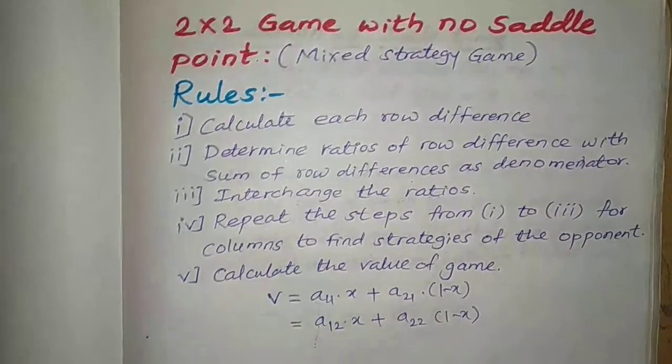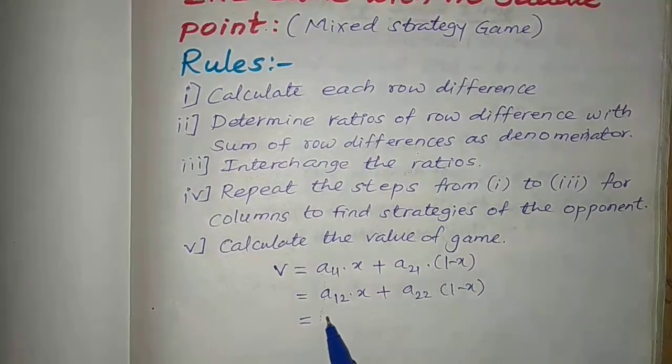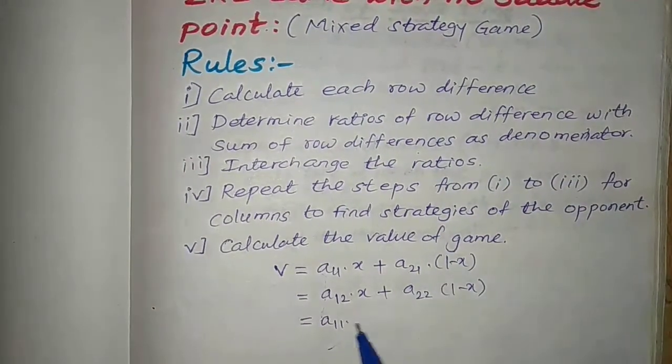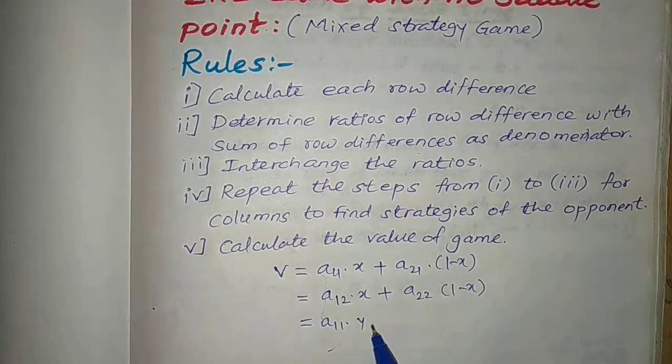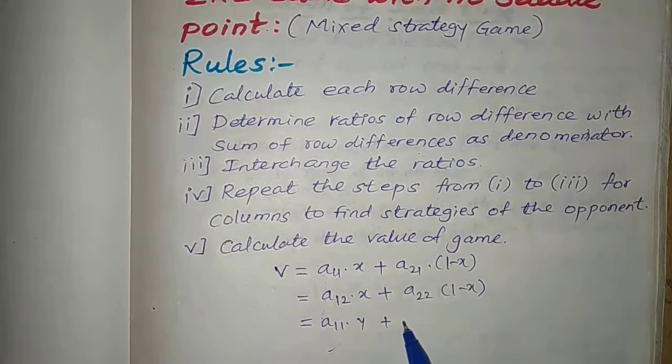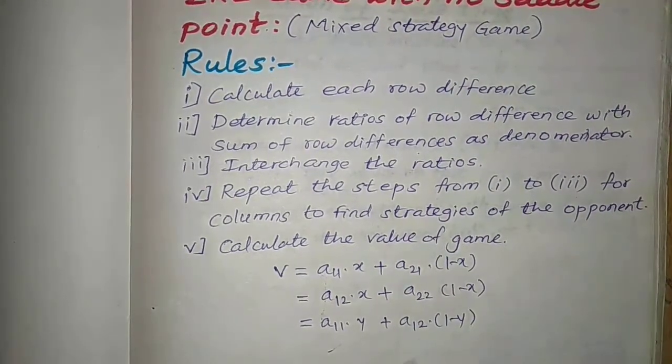Suppose player A now uses strategy 1 throughout, then the value of game can be written as a11 into y plus a12 into 1 minus y.